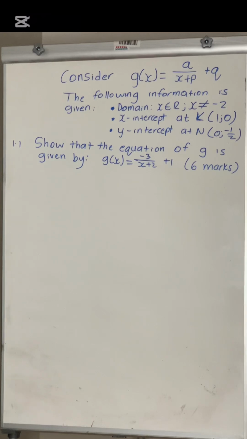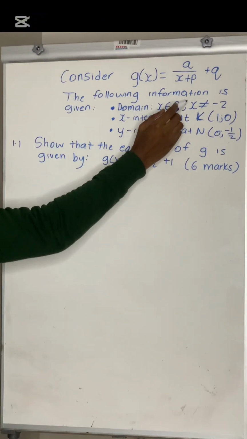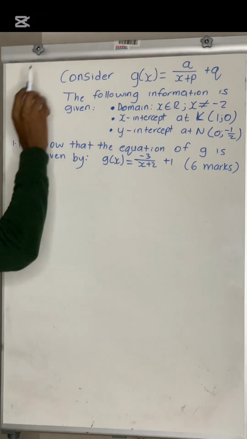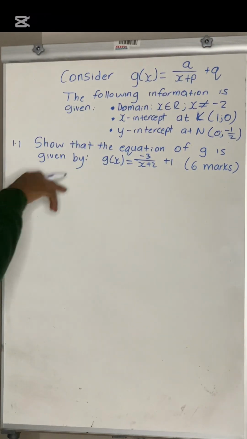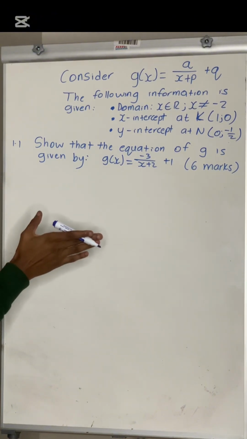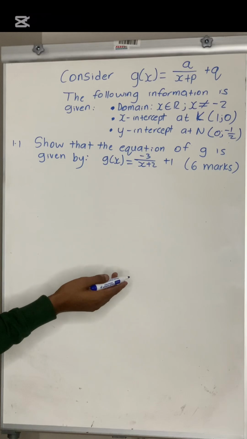So let's look at this information properly. We are given this domain where x is an element of real numbers and x cannot be equal to -2. Now when looking at this function, it is a hyperbolic function. And in dealing with the hyperbolic function, we have something which we call asymptotes.